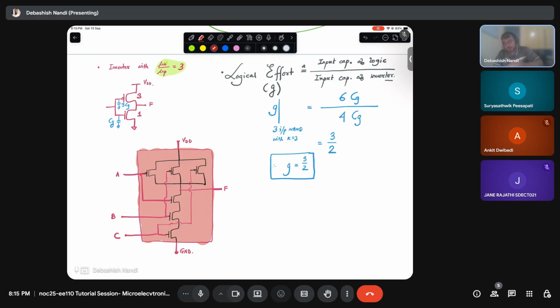Yes, sir. Now, what is the size of your transistors? These are 3, right?